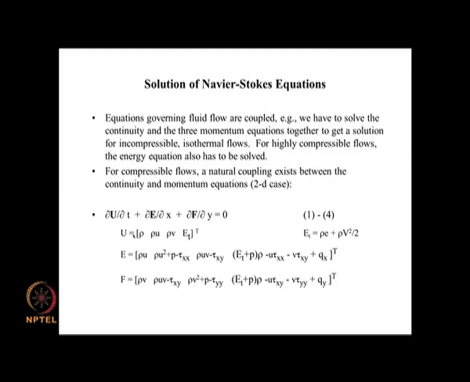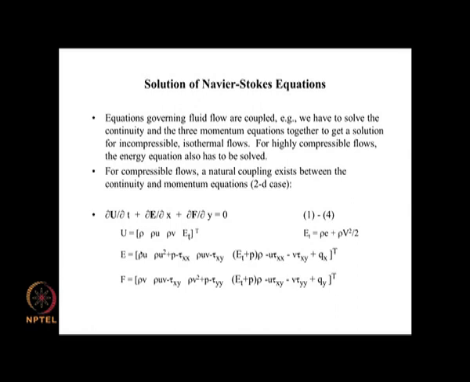So, U here is a set of 4 equations representing the continuity equation, the x momentum conservation, y momentum conservation and the energy conservation equation. So, for each of those equations, U takes 4 different values. Similarly, E takes 4 different values, and in that sense this is written in a vector form.